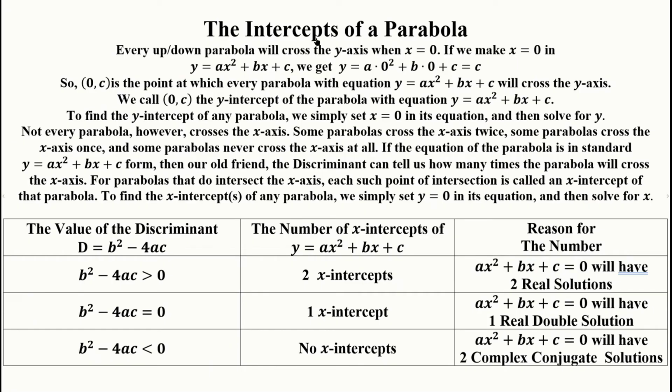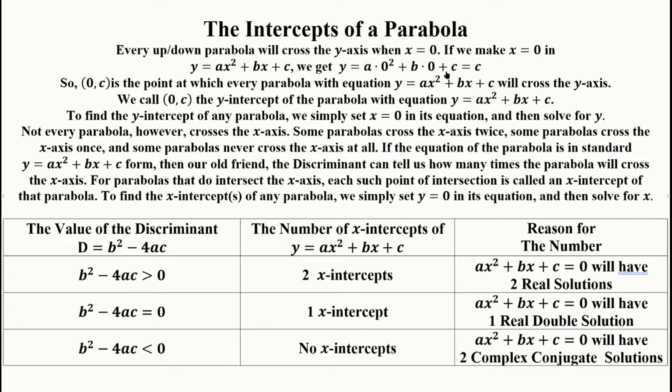All right, next we want to talk about the intercepts of a parabola. Every up-down parabola, the ones we've been looking at, because there are some left-right parabolas that we will study as well, will cross the y-axis when x equals 0. If we make x equals 0 in this equation, then we get y equals c, because those terms zero out.